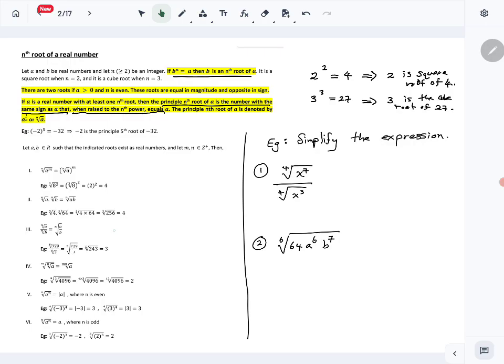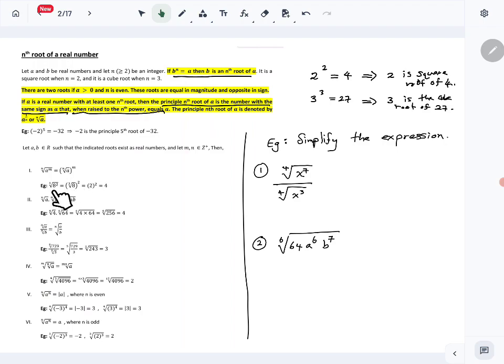Now some root properties that we need to know. a and b are real numbers and m and n are positive integers. Then this rule: nth root of a to the m inside is the same as nth root of a raised to m.